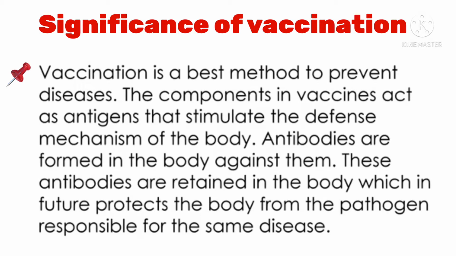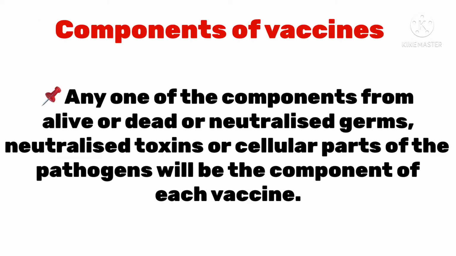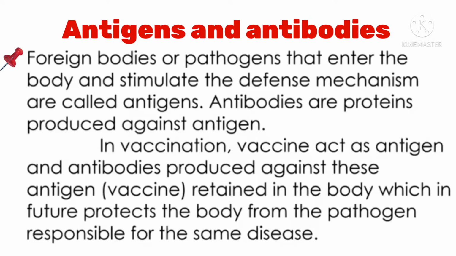These antibodies are retained in the body, which in future protects the body from the pathogen responsible for the same disease. Components of vaccines. Any one of the components from alive or dead or neutralized germs, neutralized toxins or cellular parts of the pathogens will be the component of each vaccine.